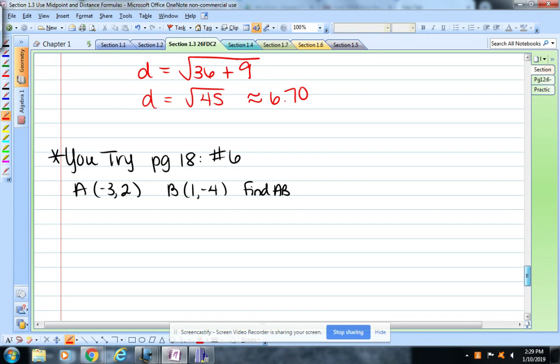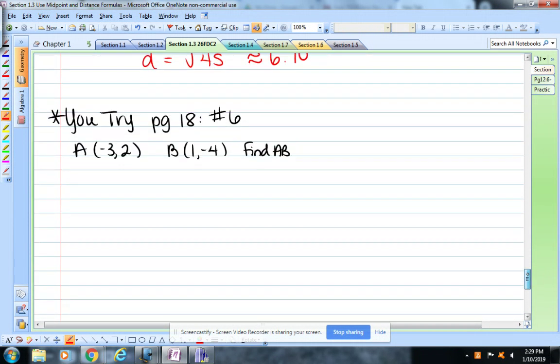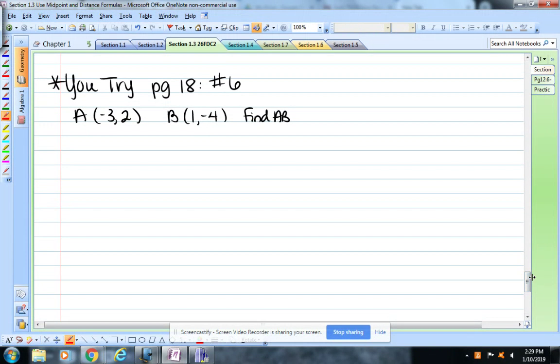I want you guys to try this one. And then we're going to check it and see if we all get the same thing. So use the distance formula to find the length of a segment AB. And this will be our last one we do today.